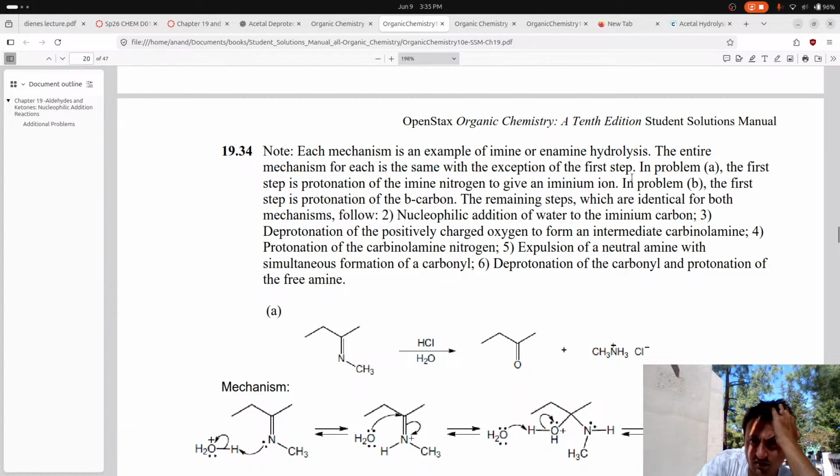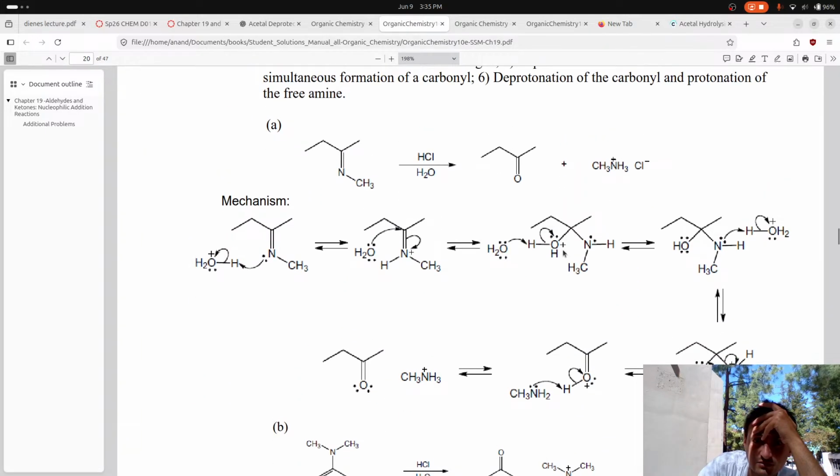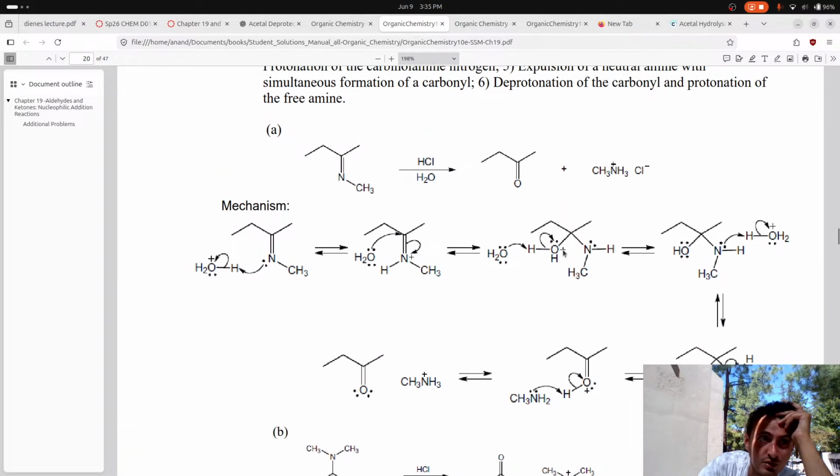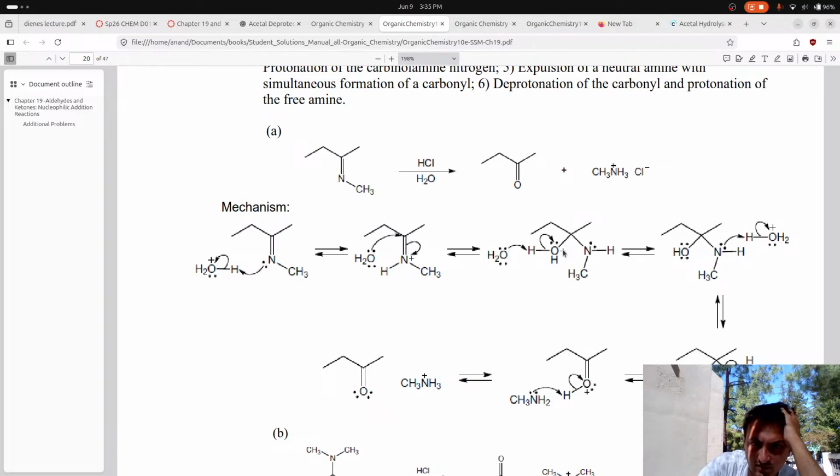Yeah, that's what I thought. In problem B, the first step is protonation of the beta carbon. See, now that's where they lost me. The remaining steps are identical for both. We end with a ketone. Oh, okay. I gotta practice this one. I don't know this mechanism at all. Why doesn't the chlorine attack?